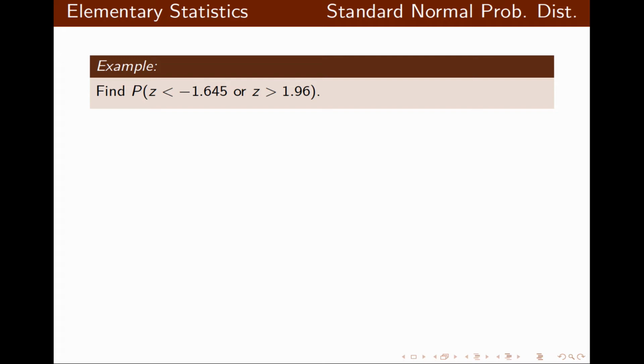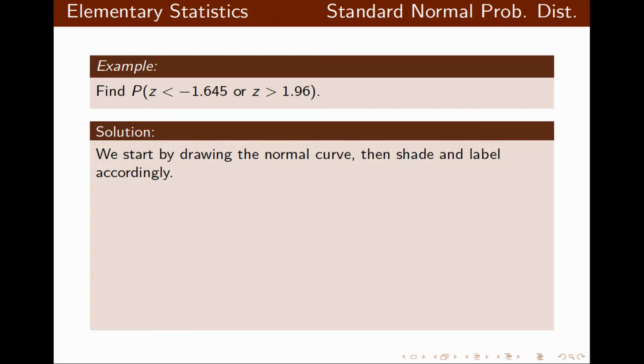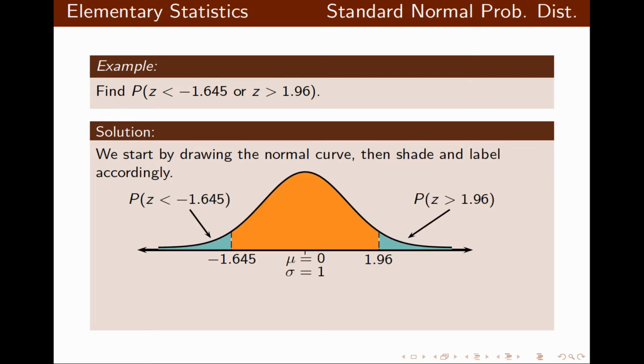In this example, we want to find probability that z is less than negative 1.645 or z is greater than 1.96. We're going to draw, shade, and label the normal curve. Now in this problem, instead of finding the probabilities that we want, we're going to subtract the probability that we don't want from the total probability 1.